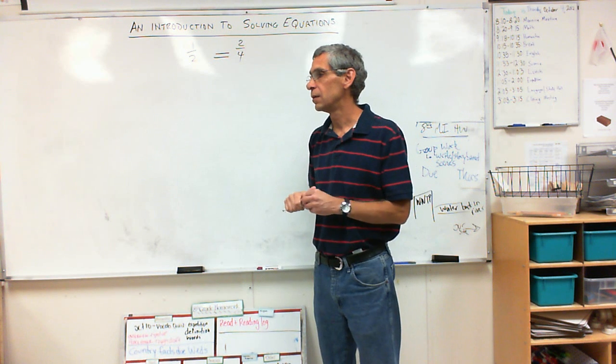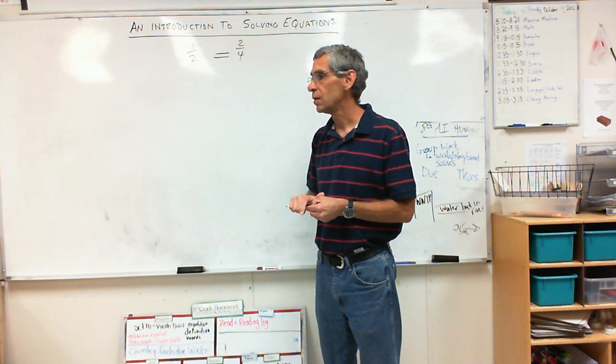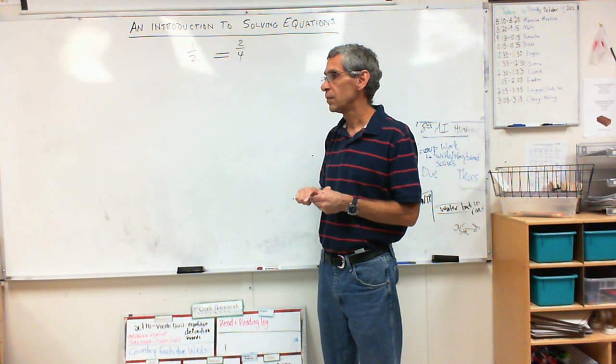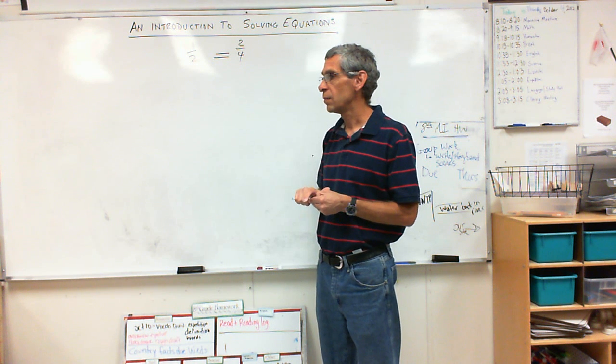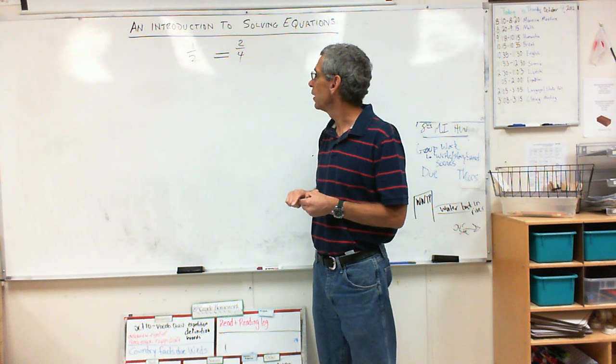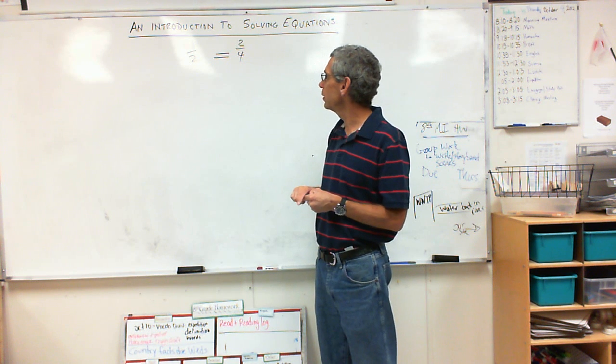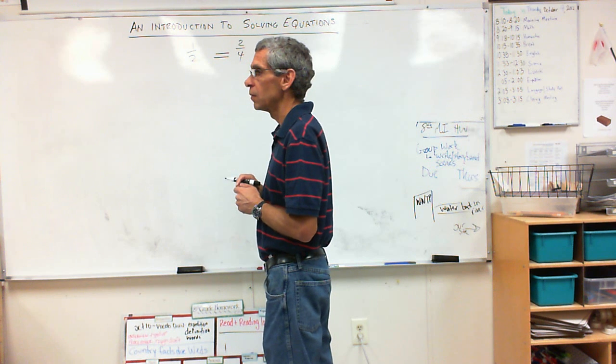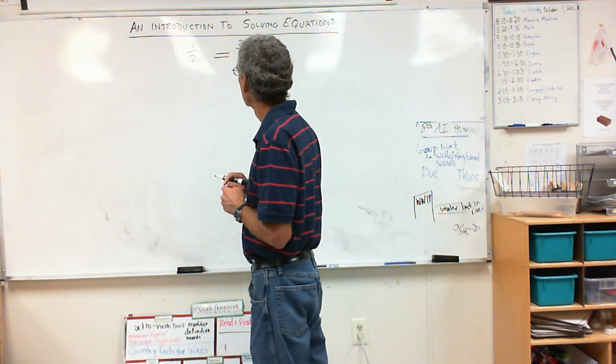Yes? If you divide 2/4 by 2, 2 divided by 2 is 1, 4 divided by 2 is 2, so you get 1/2. That's another way of making sure. Okay.